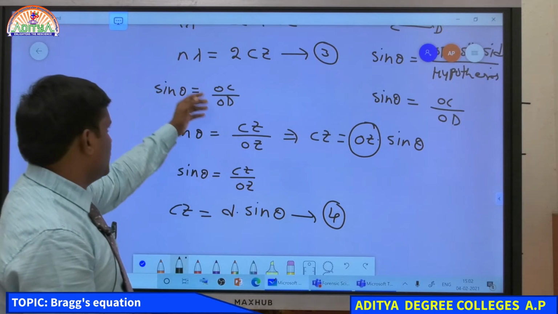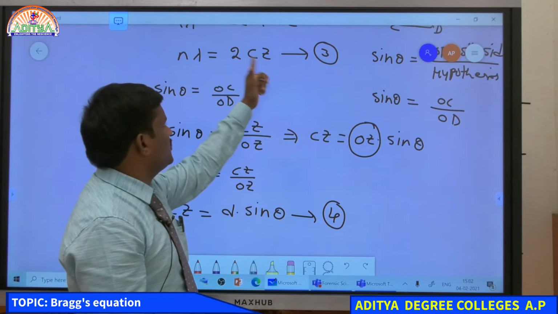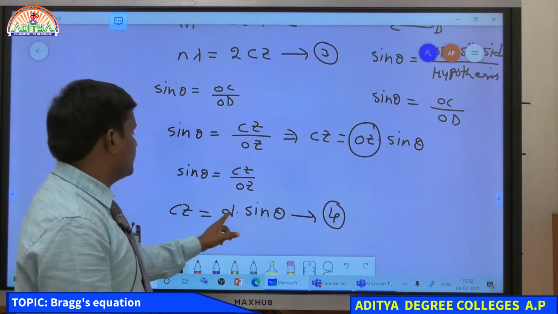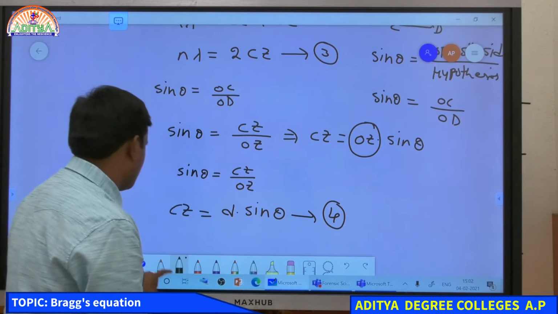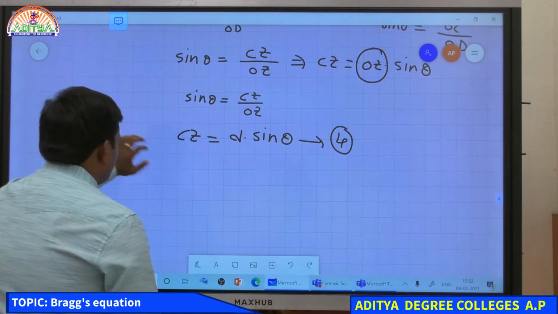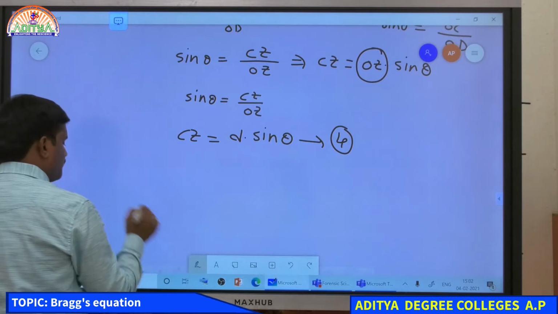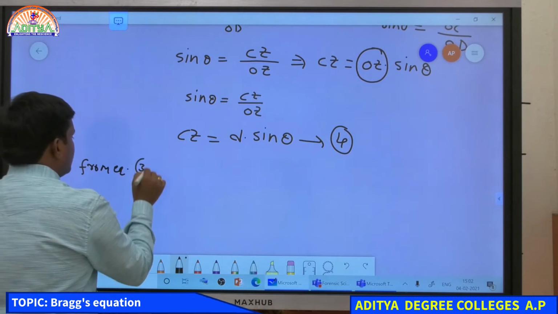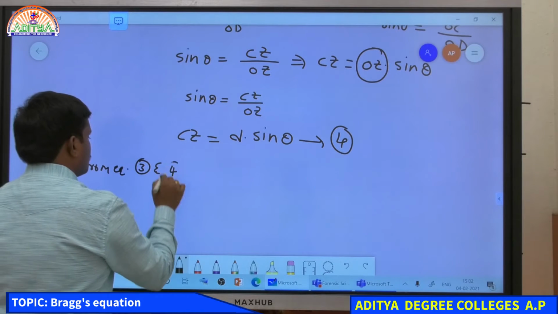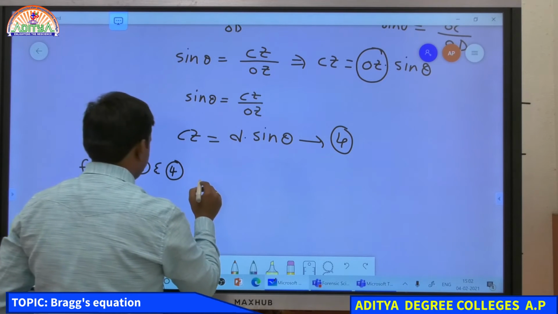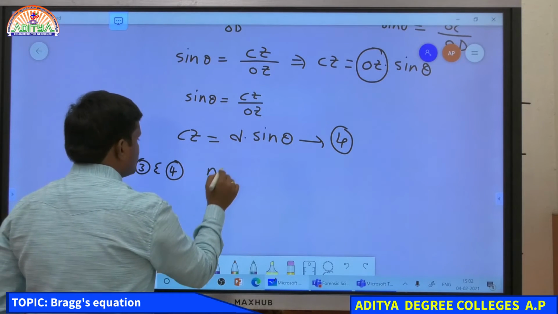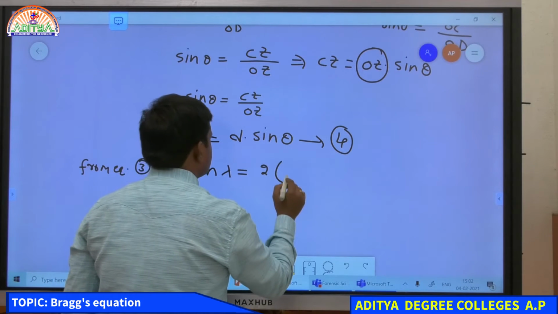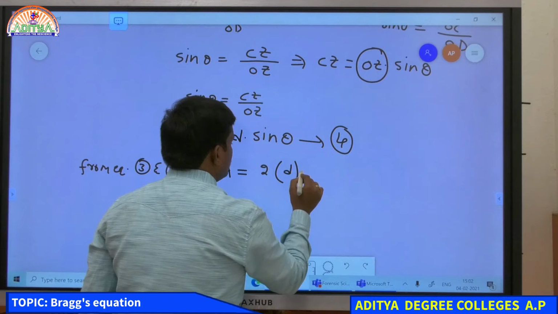So look at equation 3, n lambda is equal to 2 into Cz, whereas in the fourth equation Cz is equal to d into sin theta. Therefore, from equations 3 and 4, so what is 3? n lambda is equal to 2 into Cz, where Cz is equal to d into sin theta.